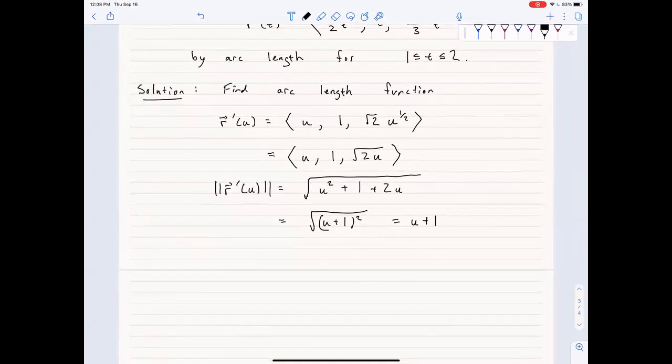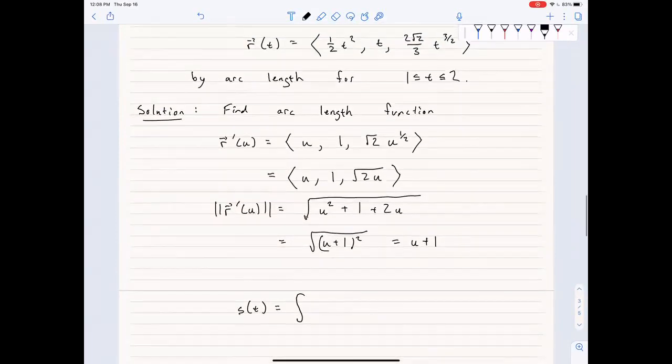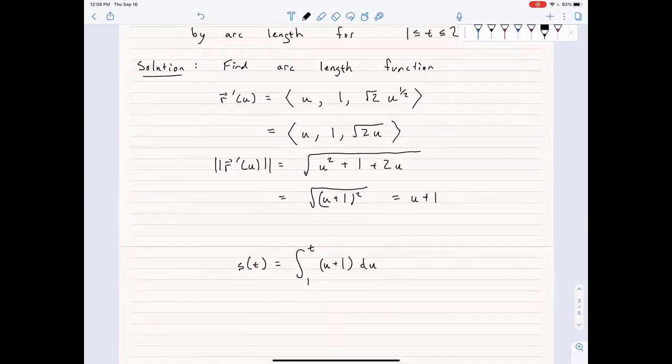And now we have a chance at calculating the arc length function. So now the arc length function, S of t, is going to be our integral from a starting point, a, which in this case is 1, to t of our speed, which is u plus 1 du. And we all know how to integrate this.